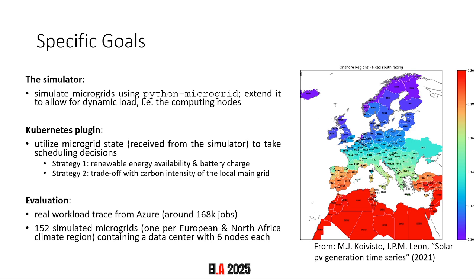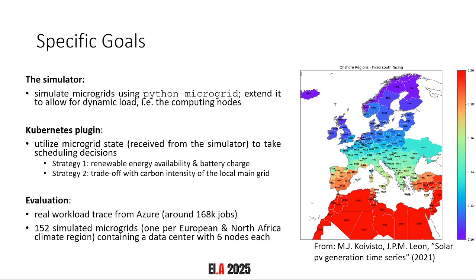And then we extended the scheduler of Kubernetes using plugins so that this appliance, the computing node, can actually decide to consume energy based on what the scheduler decides. So if the node is executing a job, the node will consume more energy.